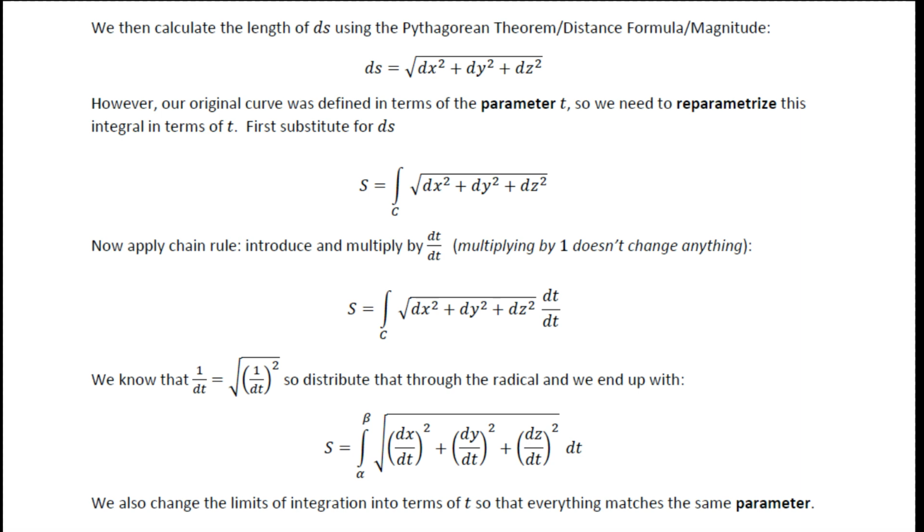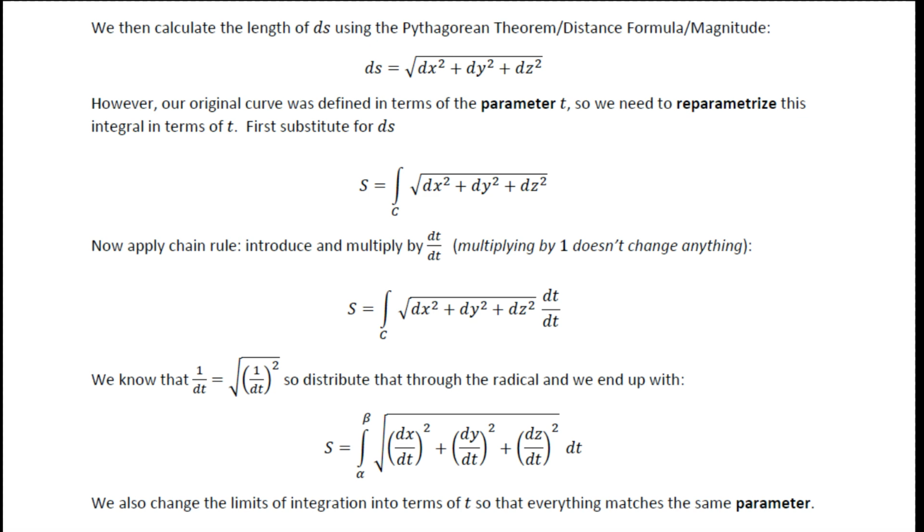All the chain rule really says is that we're introducing some new expression equal to 1 so that we can evaluate our integral. And so again, I want this dt here, this one at the top, so that I can evaluate my integral, which means I need to get rid of this guy. Well, what I really want to do is distribute him through into my square root.